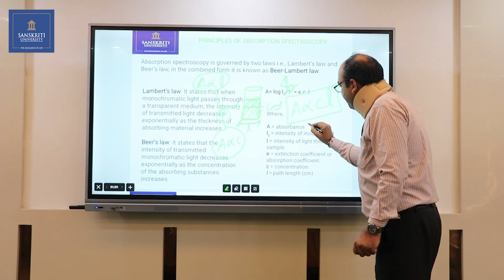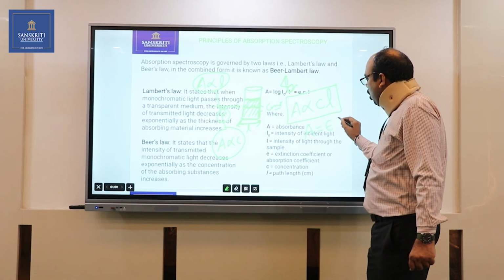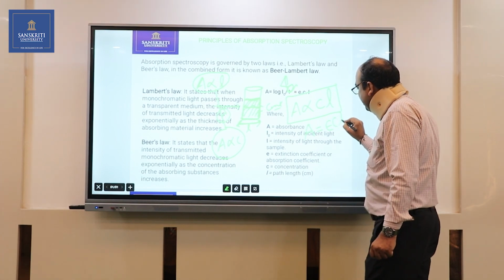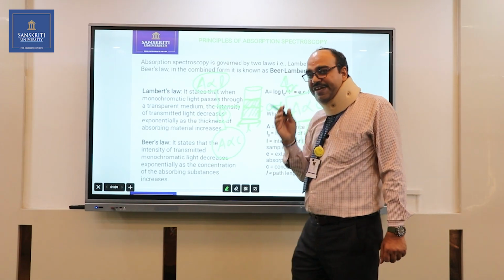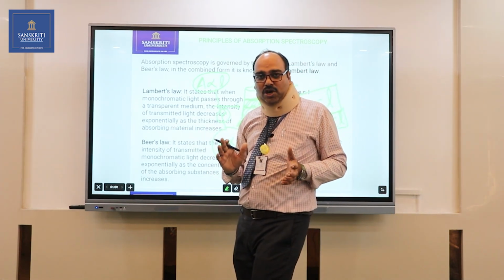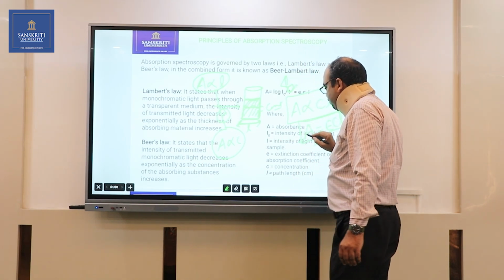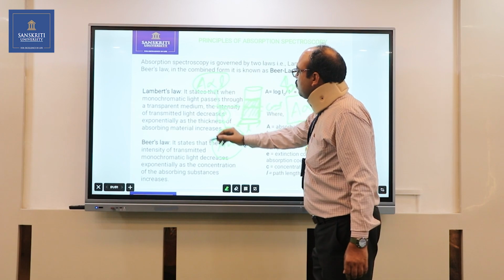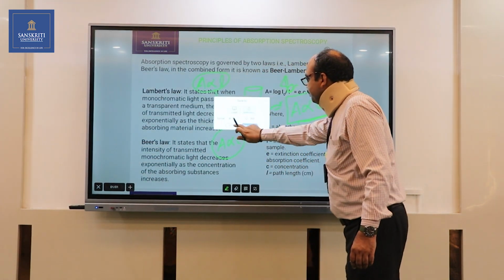Or you can say absorption A equals epsilon, the absorptivity coefficient, times C times L. If you know the concentration and the path length of the medium, you can easily calculate the absorption. This is a very important law to define how the material absorbs.